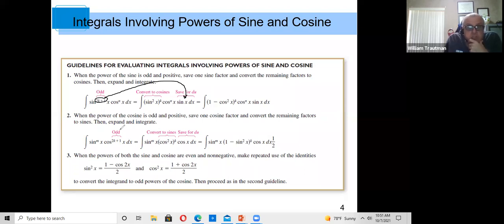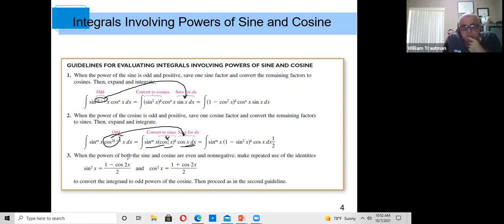When the power of the cosine is odd and positive, we're going to try to change the cosines to sines, and we will have one of the cosines out as the du also. Take one of the cosines out of here, make it just on the side for the du, and then we're going to convert the cosines to sines, and then we'll have all sines in here to work with to integrate.